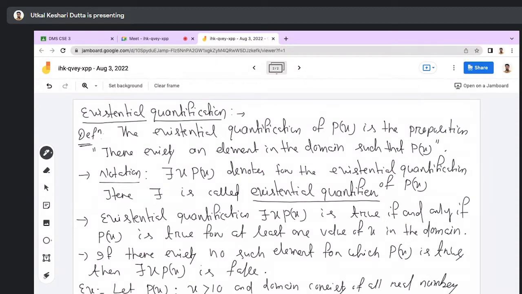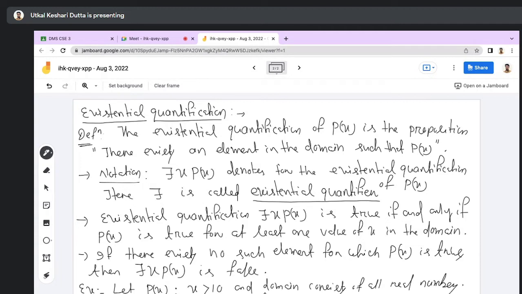Sir, I guess it will be true because if we take 1 as x, then it is true for that. No, if you take x equal to 1, 1 greater than 10 is false. If we take 12 or 13. Yeah, if you take 11, 12 or more than that, then you get at least one element so that P of x is true. Then you can say that the existential quantification is true.